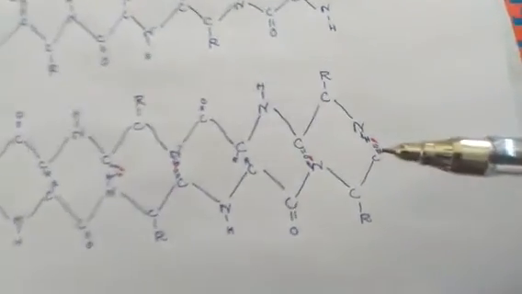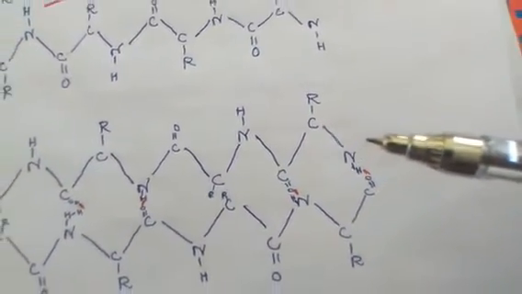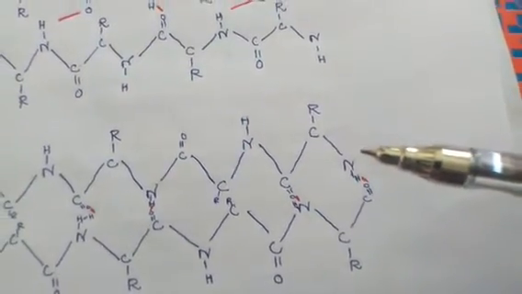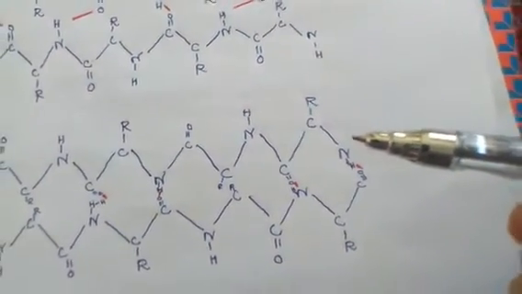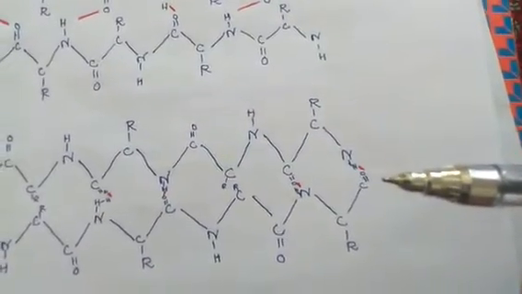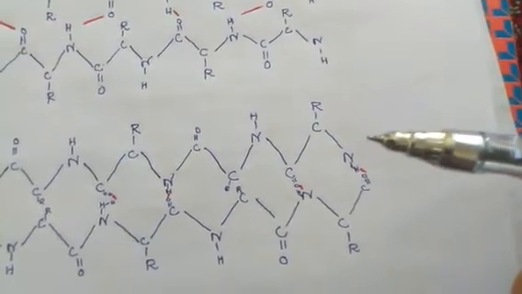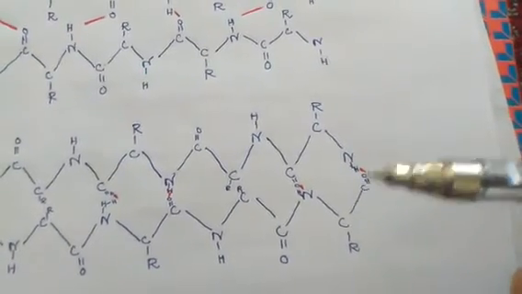You can have a look here. We can say that the N terminus of one strand is adjacent to the C terminus of the next strand. So this is anti-parallel.